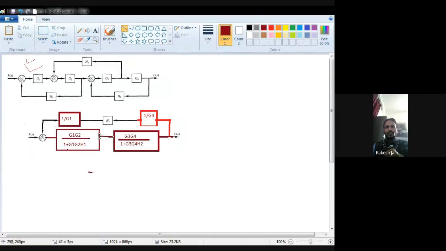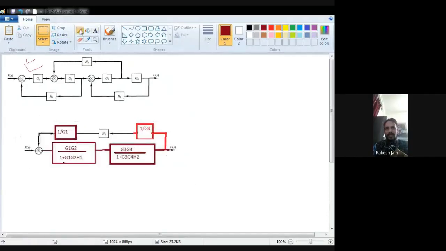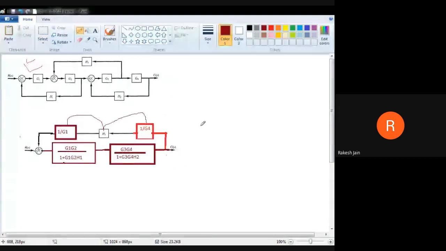We put a block in which we use the formula forward gain divided by 1 plus or minus forward gain into feedback gain. That plus or minus sign depends on which sign the feedback comes in the summing junction. So see, at the summing junction the feedback comes with negative sign. That's why we have to put positive in the formula.